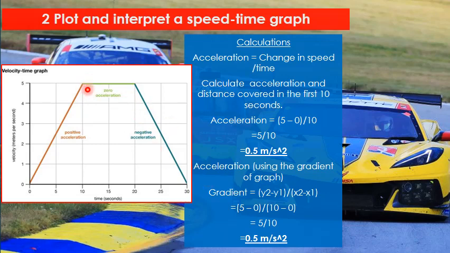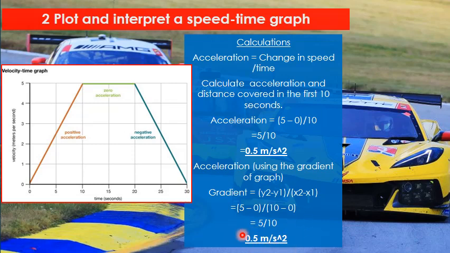Then we say y2, which is 5, minus y1, which is 0, over x2, which is 10, minus x1, which is 0. So 5 minus 0 becomes 5, 10 minus 0 becomes 10, and 5 divided by 10 becomes 0.5 meters per second squared.